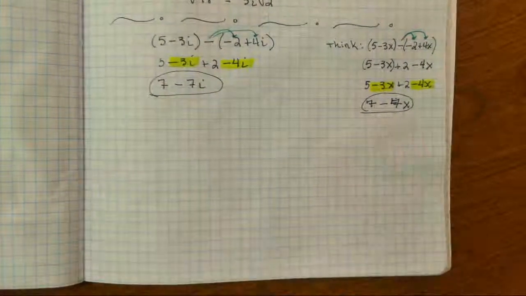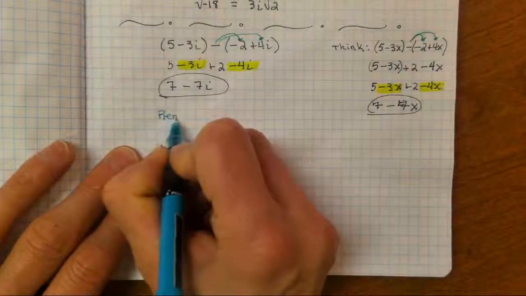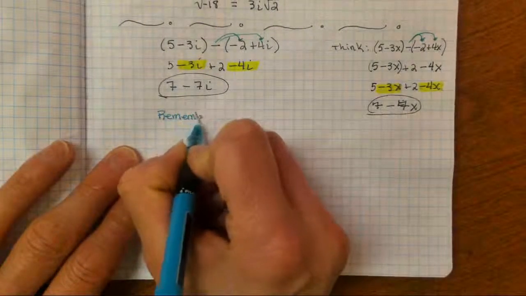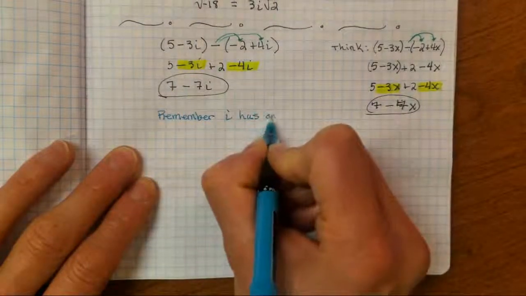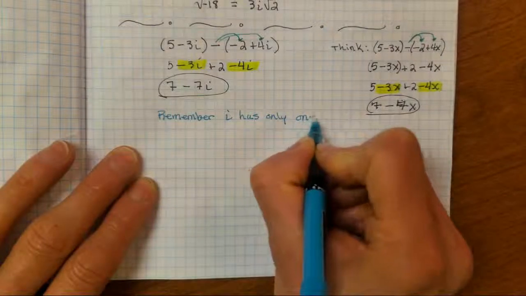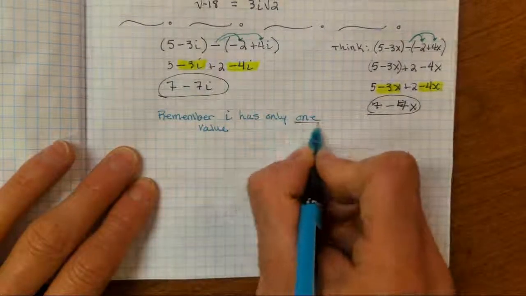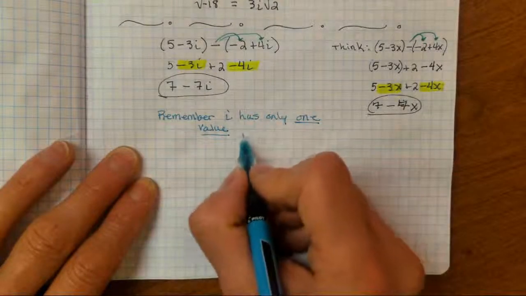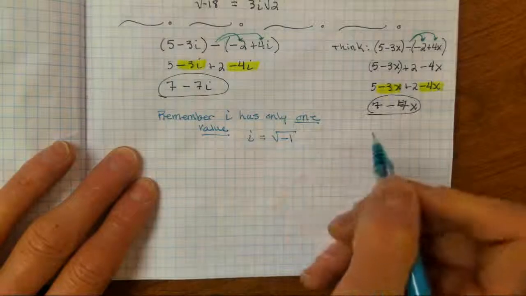What I want you to realize, though, is remember, i has only one value, and that value is i is the square root of negative 1.